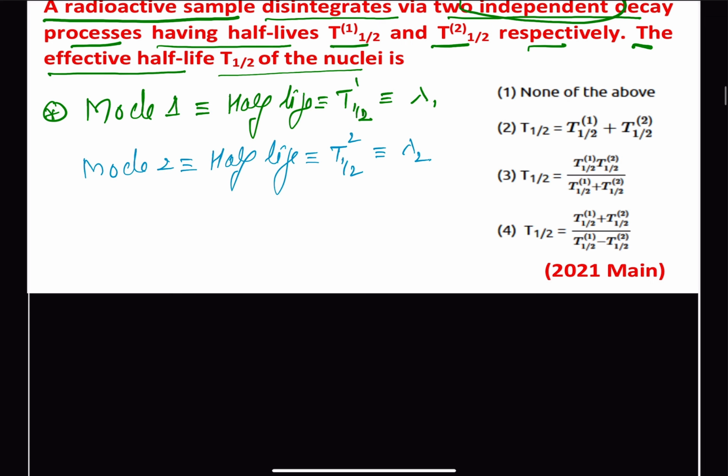For each mode we can write that lambda 1 is equal to natural log of 2 divided by T1 half, and lambda 2 is equal to natural log of 2 divided by T2 half.